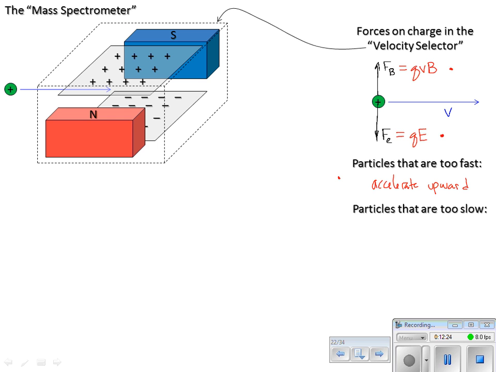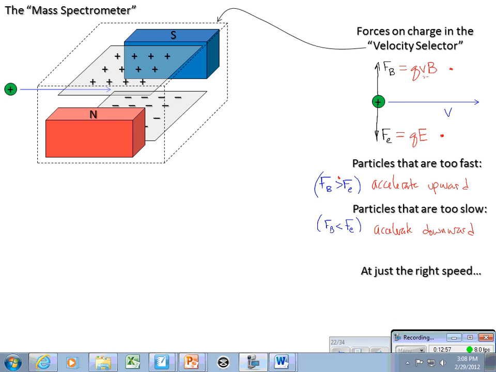Even if it's moving but, say, quote-unquote slow, QVB could be smaller than QE, and these particles will accelerate downward. What I should do is make a little note: the reason for the upward acceleration is that FB will be greater than FE, and the reason for the downward acceleration is that FB will be less than FE.